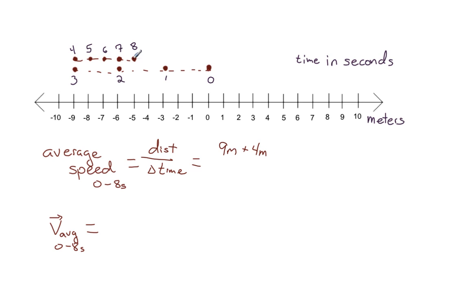From here to here spans 4 meters, from -9 to -5. And the total time that that took is 8 seconds. So if I add 9 plus 4, I get 13 meters. That all happened in 8 seconds.